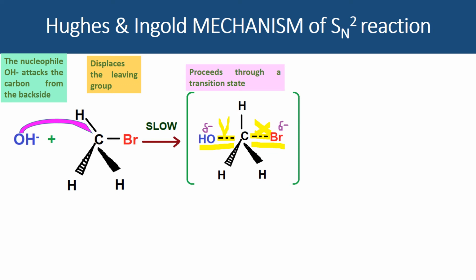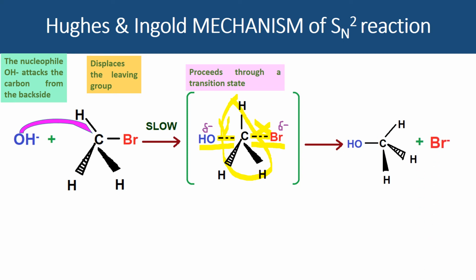This is the transition state in which all the bond angles are 120 degrees. Here the three hydrogen atoms have bond angles of 120 degrees, while the OH and bromide ion lie as far apart as possible on either side of this 120-degree plane. Okay, so the bond breaks to form the product and the leaving group.